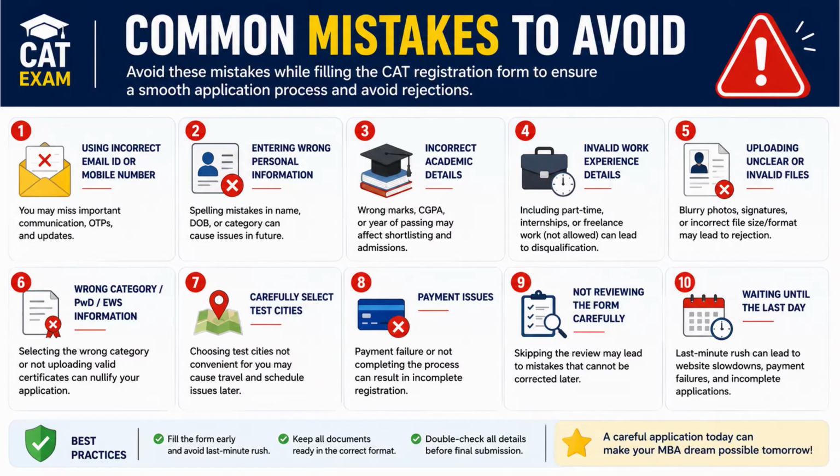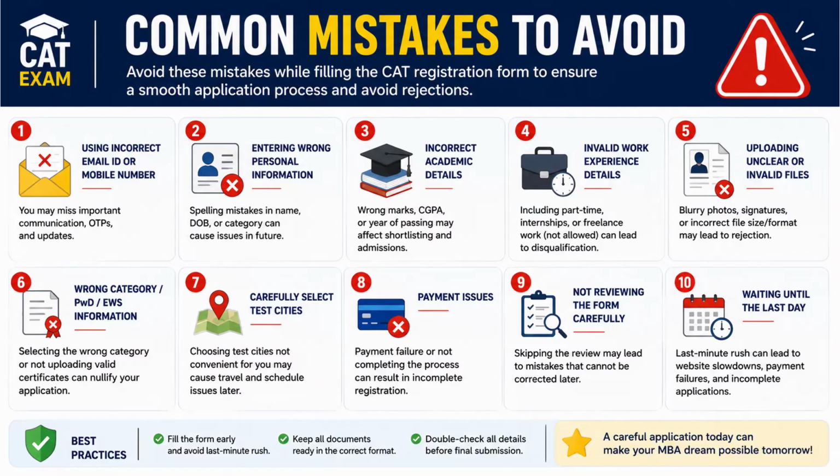So you have to avoid this. Then entering wrong personal information. Make sure name, spelling, everything is correct. Date of birth is correct. Right? Then incorrect academic details, CGPA, invalid experience details, file naming should be correct, and the format should be correct as well.